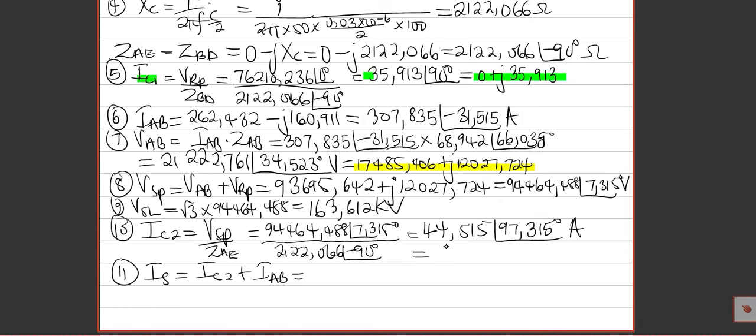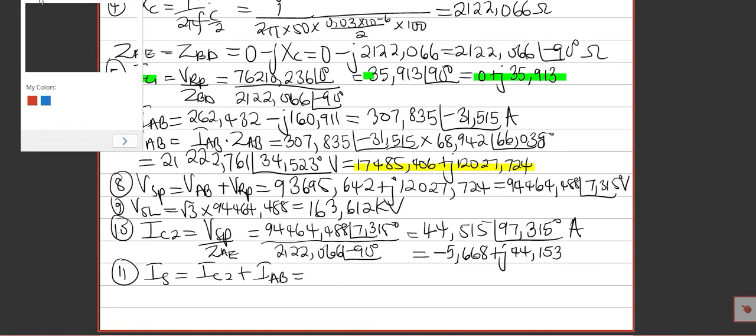So it's minus 5,668, this is rectangular form, plus J 44,153.